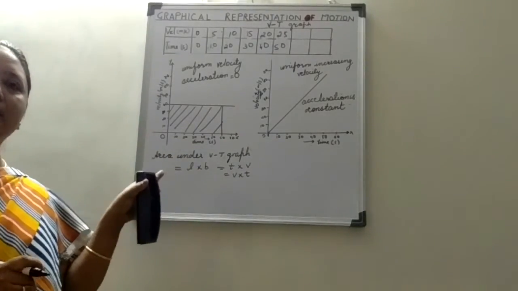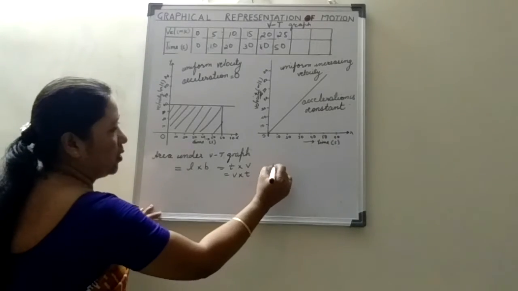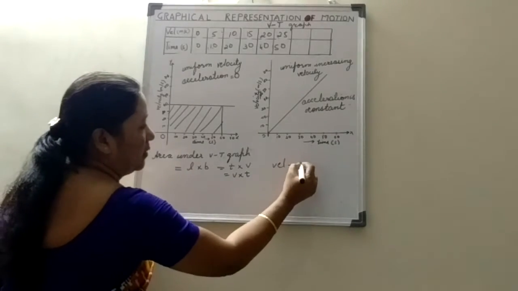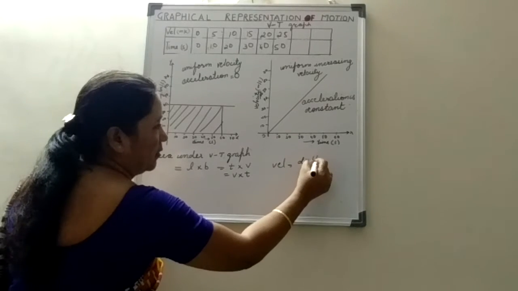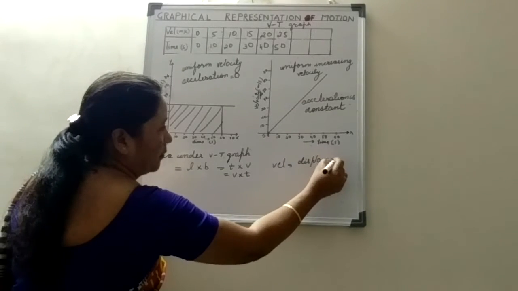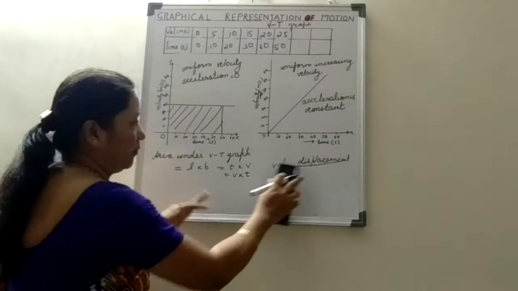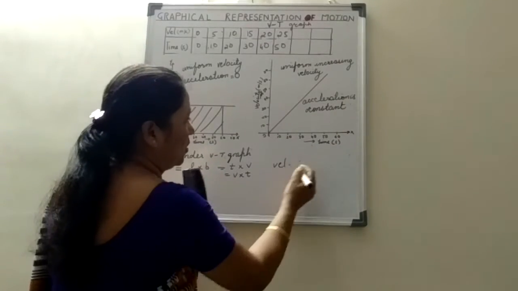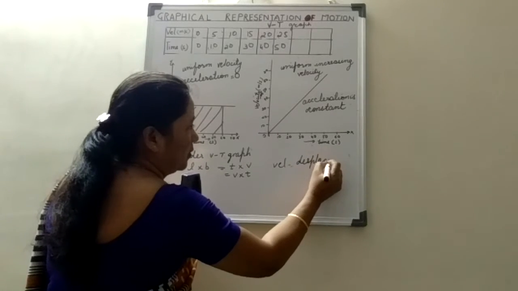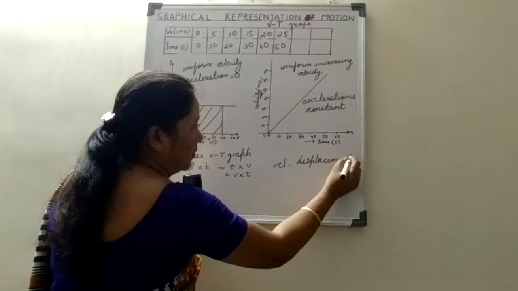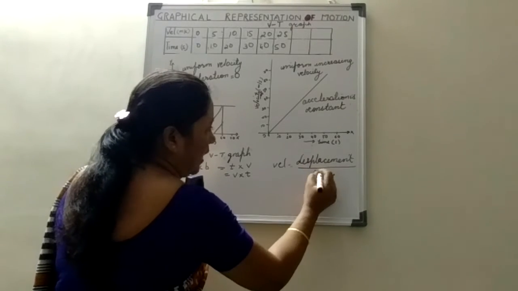Now what is the formula of velocity? Velocity is equal to displacement divided by time.